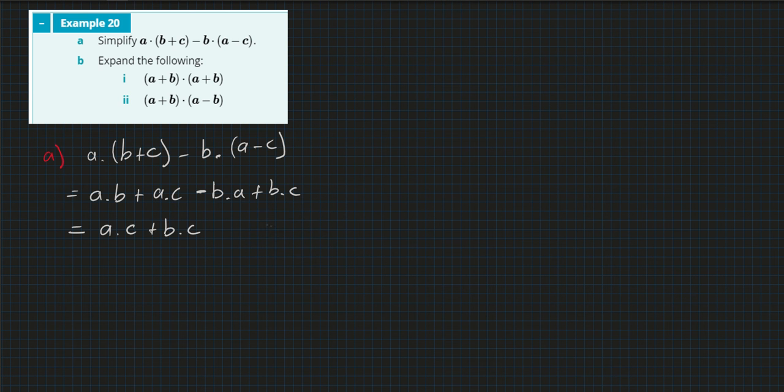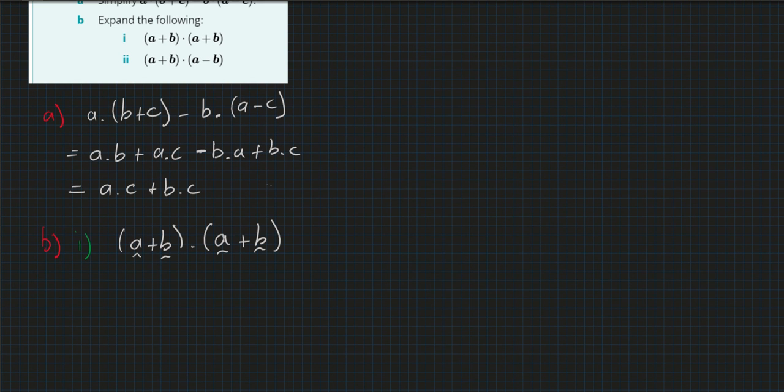All right, so part B, it's got two parts. So let's expand the following here. So we've got (A plus B) dot (A plus B). There would be underlines normally, but as you know, I'm not really doing it for this question because it gets a bit messy.